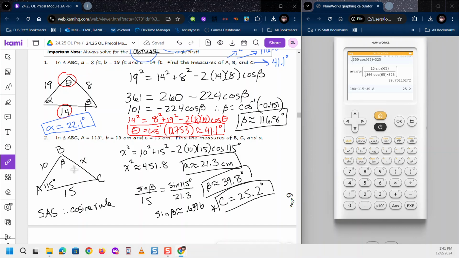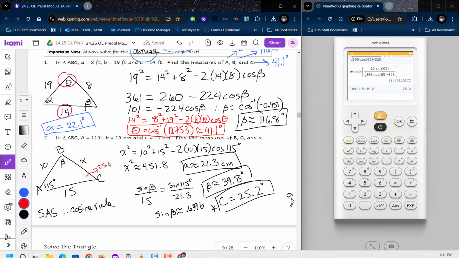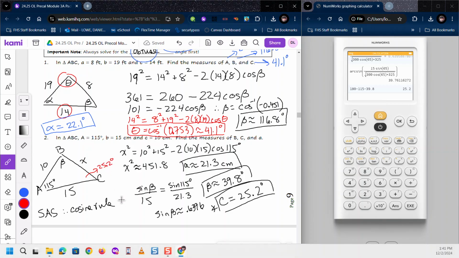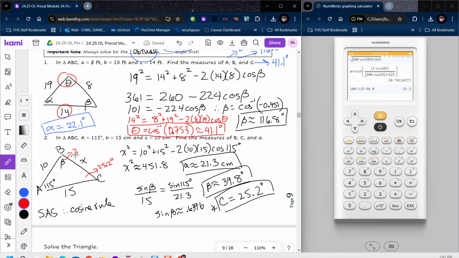So my smallest angle is going to be opposite my shortest side. All right, if I was to solve this, we said that this was 25.2 degrees, and this was 39.8 degrees, and this length was 21.3 centimeters.